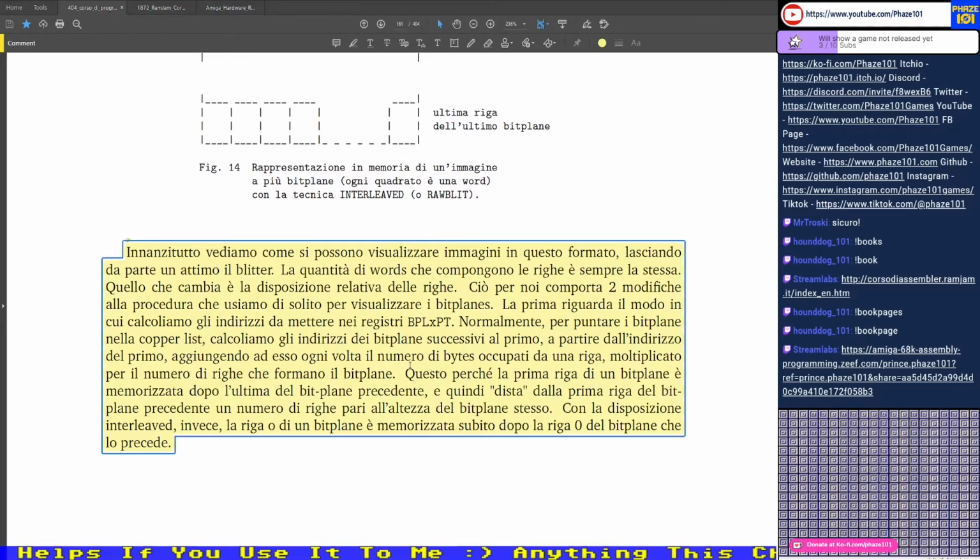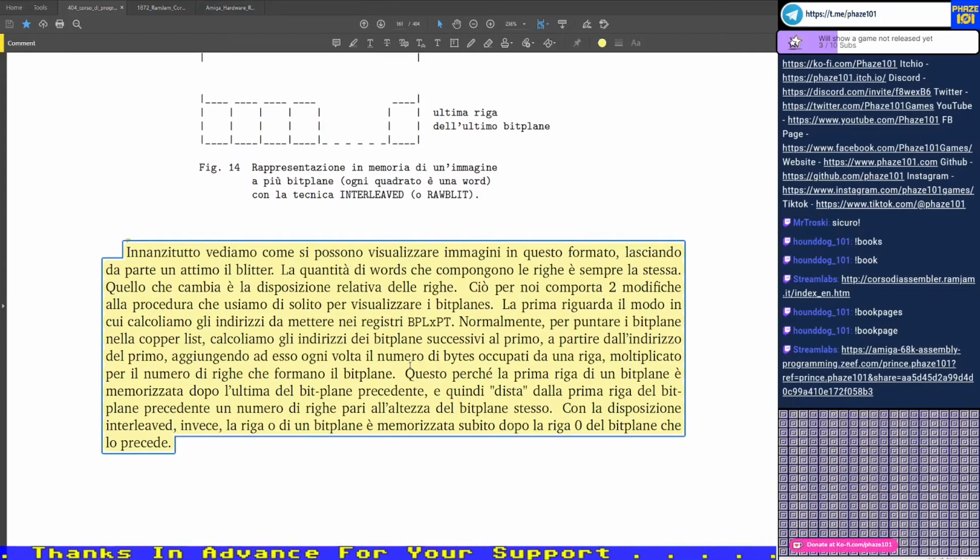So let's see how this can be done, and forget the blitter, okay? Just think about bit planes. For this to happen, this requires two changes.